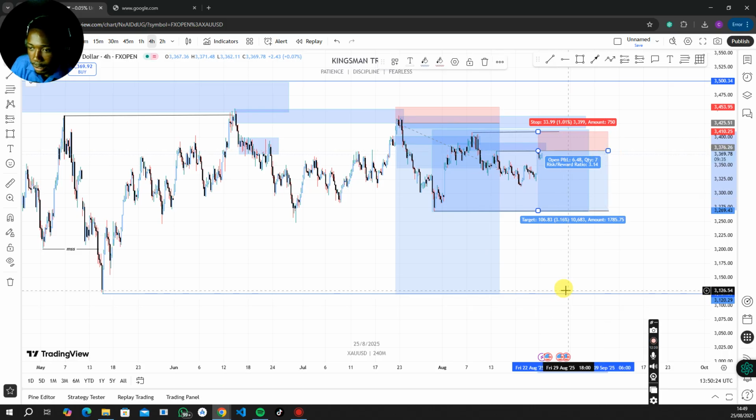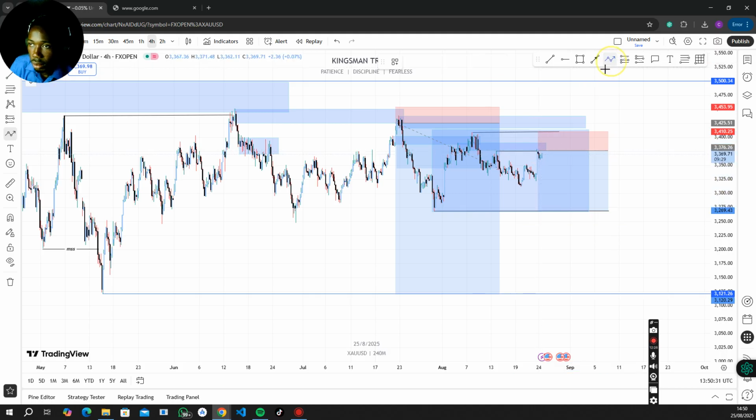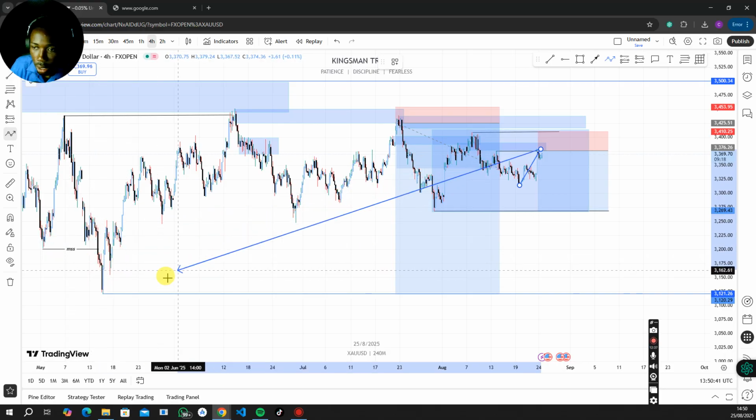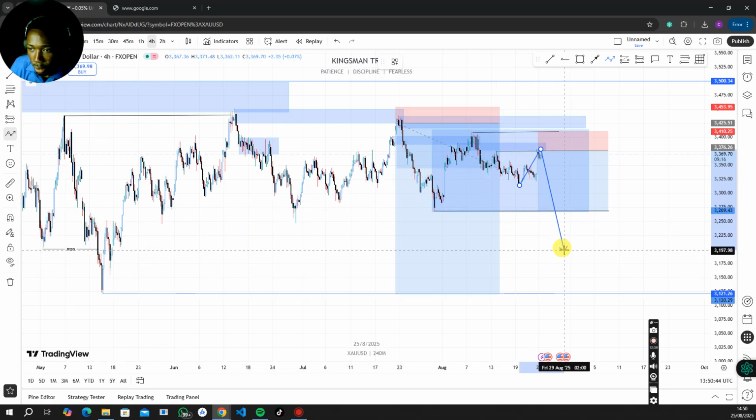Mind you, I'm not targeting this point, because as soon as price does something like this and then breaks this structure, I don't know where price might find a particular POI to react from. And if it doesn't get to this point, price is most likely going to go back up and take me out.